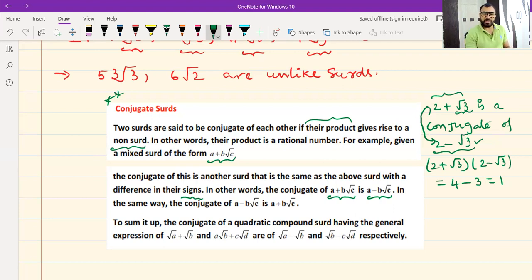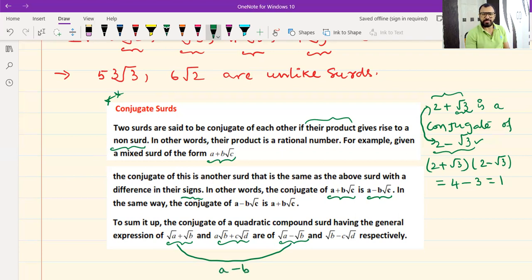So to sum it up, the conjugate of a quadratic compound surd having a general expression like this: the conjugate of root a plus root b is root a minus root b. Because if you multiply these two, you will get the product simply a minus b.